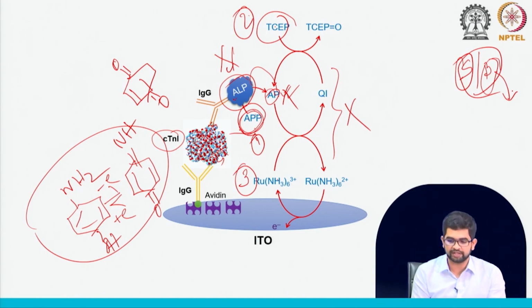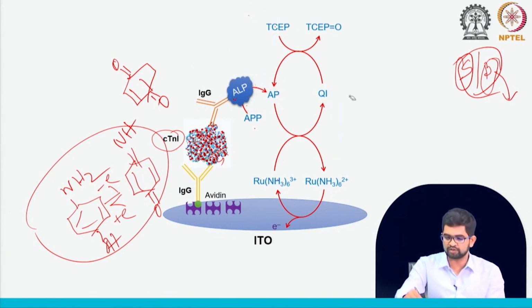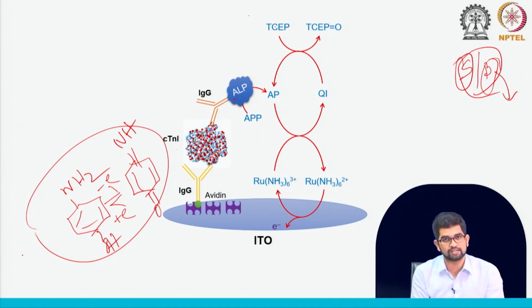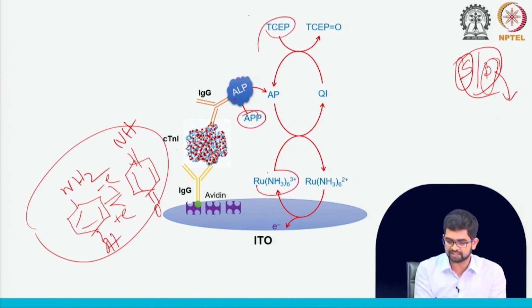Okay. So, let us remove everything again. I am just removing it so that I can show you all the background signal again. Just keep in mind that your background signal should be very, very low to design an ultrasensitive biosensor. So, in this case, as I told, your starting agents are APP, T-shape, ruthenium hexamine 3 plus.